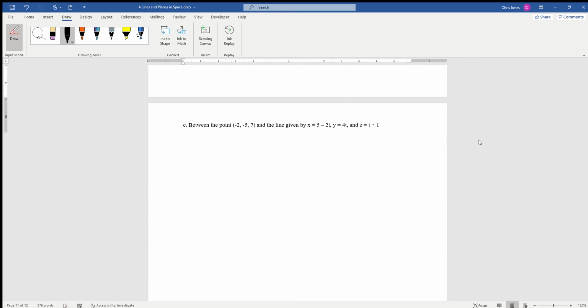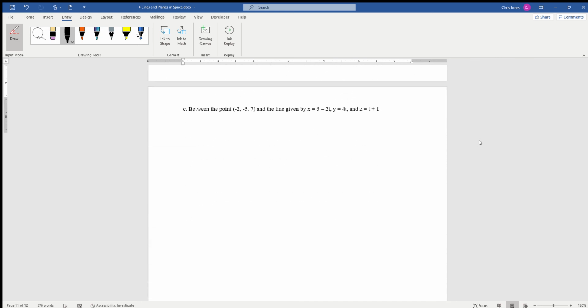One last example. This time we have a point and a line. So let's call the point Q, and we certainly need a point P on the line. Now a point on the line is really easy to get. We can just let t equal 0. If t equals 0, then we get the point 5, 0, 1. And we need a vector that falls along that line.